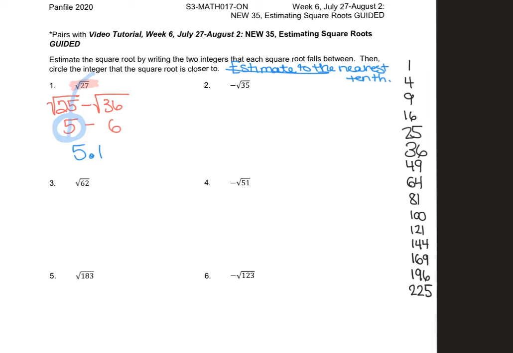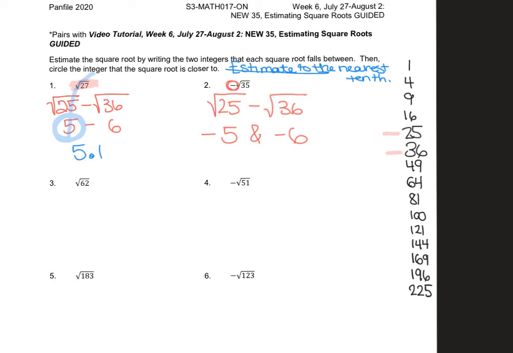Well, it's going to be between 25 and 36 again. So it's going to be between the square root of 25 and 36. But now, since it's negative, it's going to be between negative 5 and negative 6.